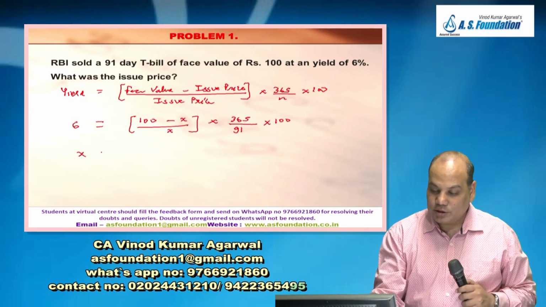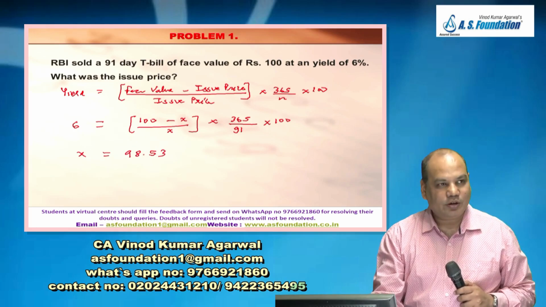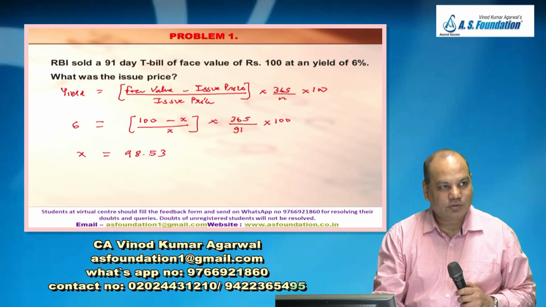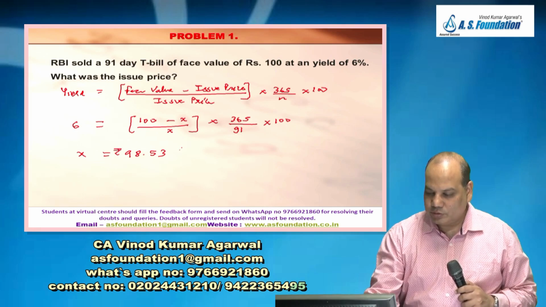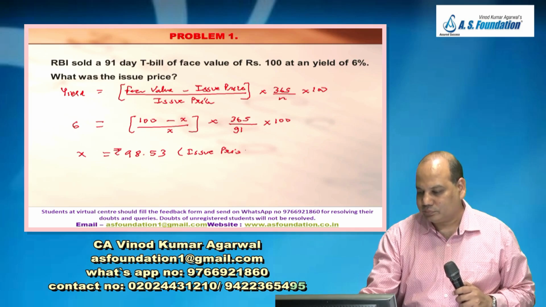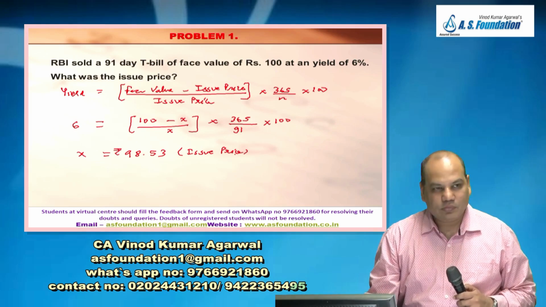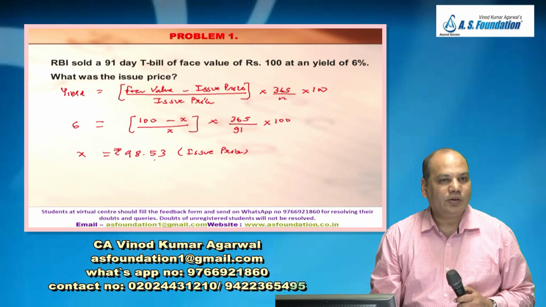One student is saying 98.53. Do you agree? Have you done? Okay. So write rupees 98.53. That is your issue price. Others will check. We can cross check also whether it is right or not. Calculate interest on this 98.53.